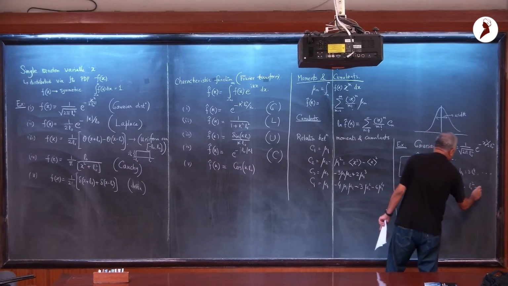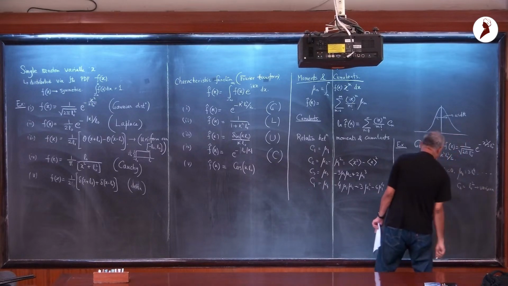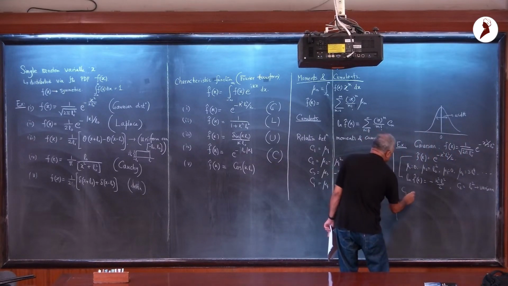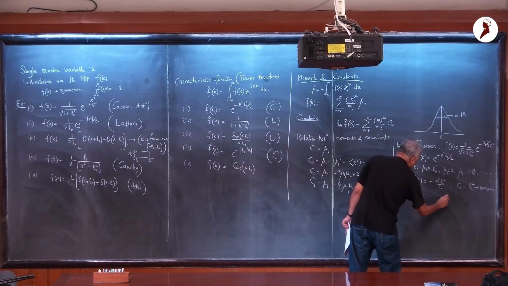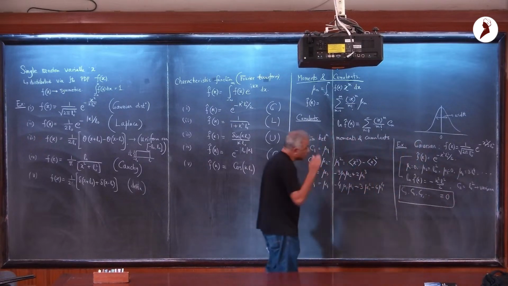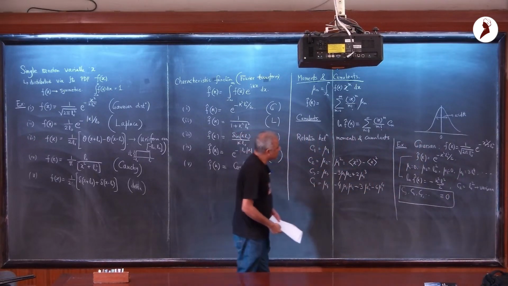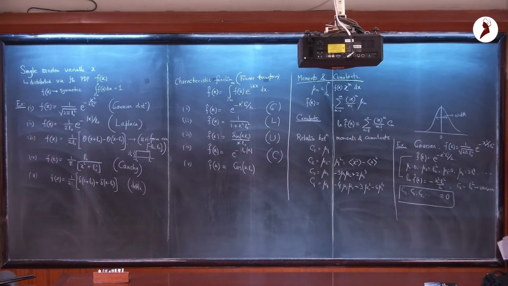This is the variance, if you like. The mean is 0 identically here in this example. And all the higher cumulants, C4, C5, C6, etc., are all identically vanishing. So the Gaussian distribution is a very special case. In fact, it turns out to be the only distribution for which all higher cumulants beyond 2 vanish.